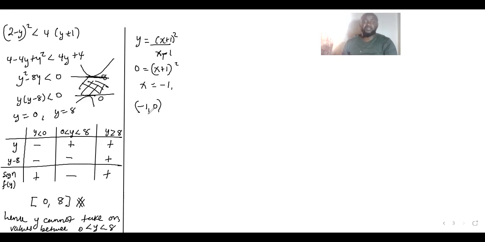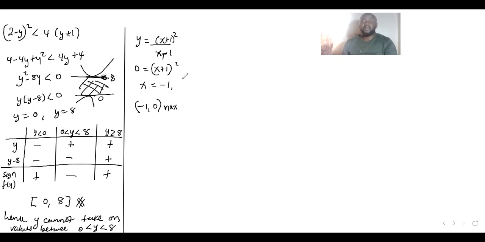What is the nature of this point, -1, 0? Is it maximum, minimum? Aisha Abdallah? I think it's maximum. Very correct, it is maximum.